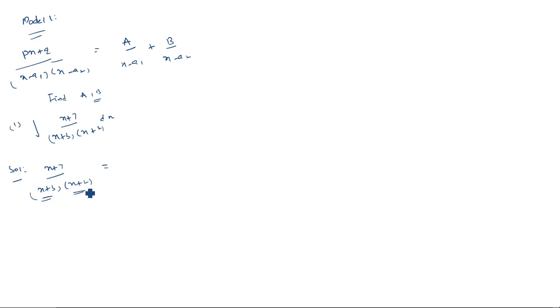One is x plus 3 and the other is x plus 2. Take a by (x plus 3) plus b by (x plus 2). And we do the cross multiplication. That is nothing but a into (x plus 2) plus b into (x plus 3), divided by (x plus 2) into (x plus 3).